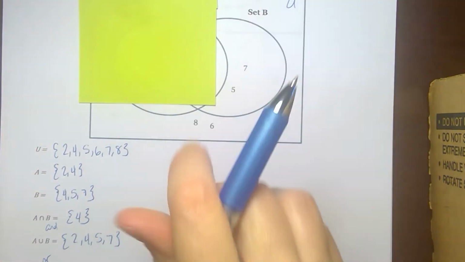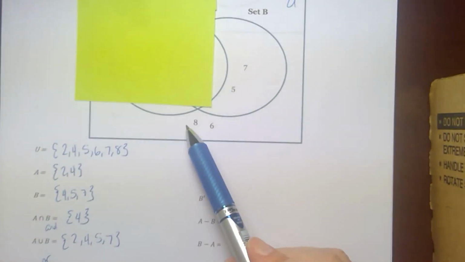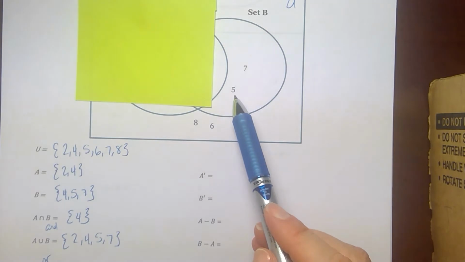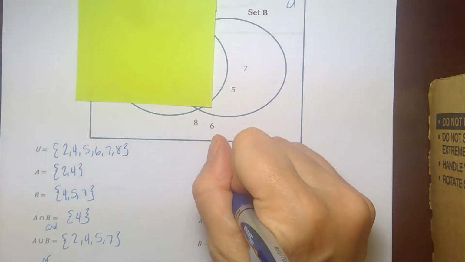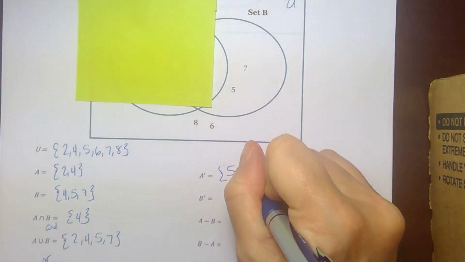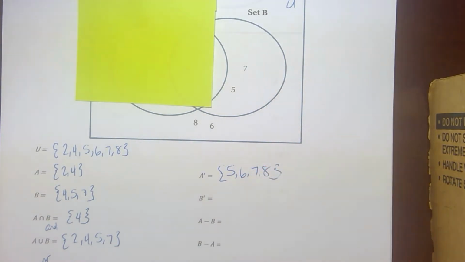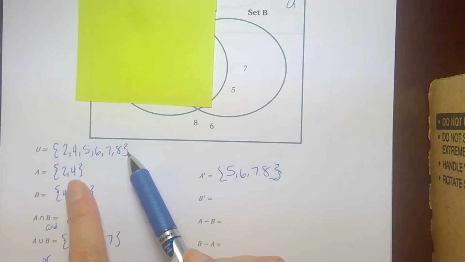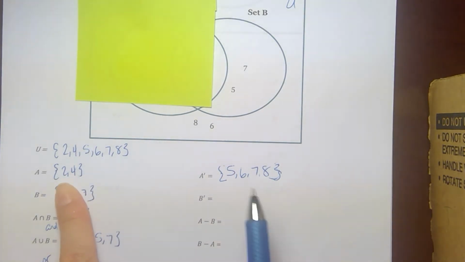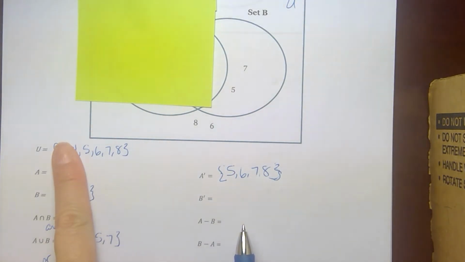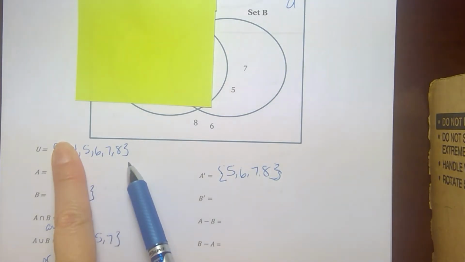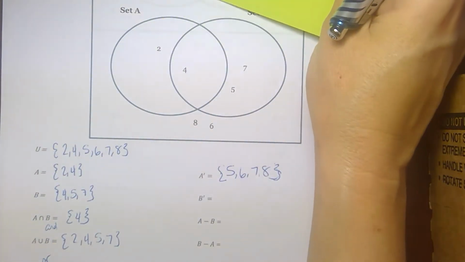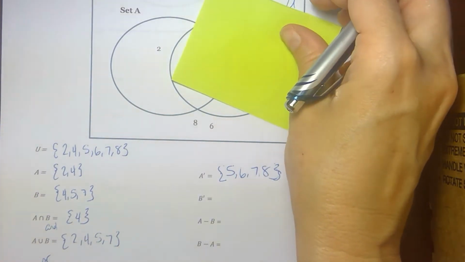I'm going to cover up set A, and what's left is not in A, the complement of A. So I've got 5, 6, 7, 8 in the complement of A. You can do this by looking at the Venn diagram. You can also do it by looking at the list. If I look at the universal set, compare it to set A, I take those elements out, and what's left is not A. Then I've got not B, or the complement of B. So this time I'm going to cover up the elements in the B loop.